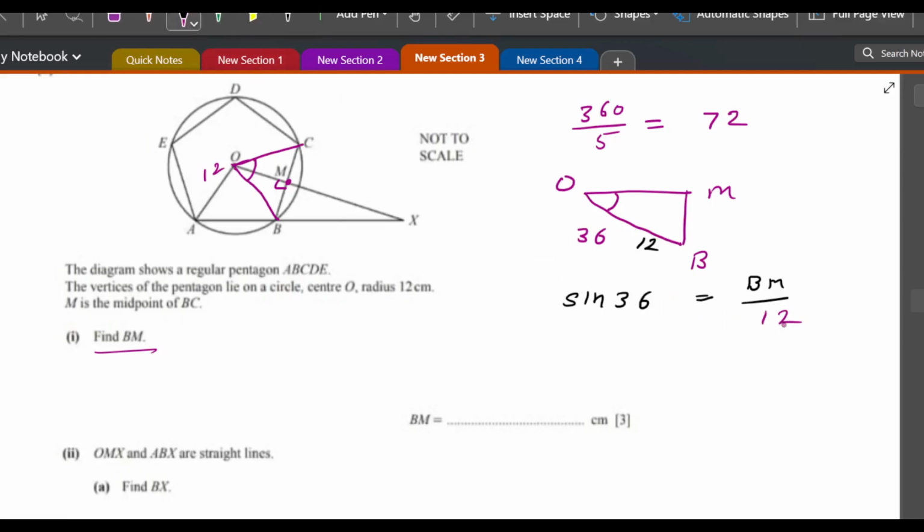So BM is 12 times sine 36. It's your choice, yes, you can use the sine rule, you'll get the same answer. It is 7.05.